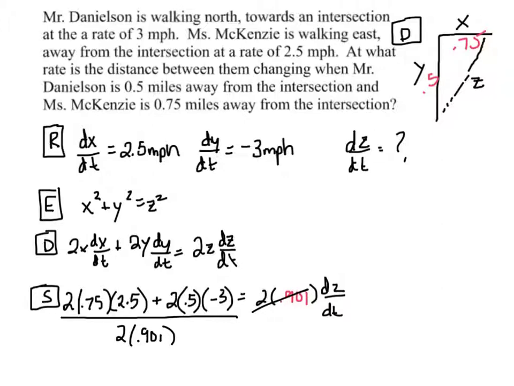And that would solve for dz/dt. And we could type that in our calculator, and we would get 0.416 miles per hour. Of course, the reason it's so small is because one length is getting shorter and the other is getting longer. They're not going away from each other. One's actually going towards the intersection.